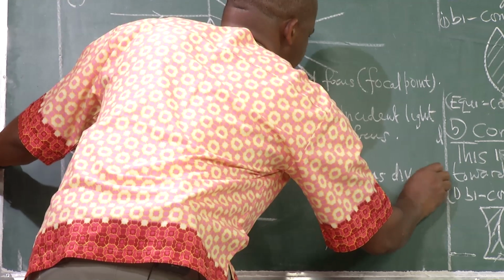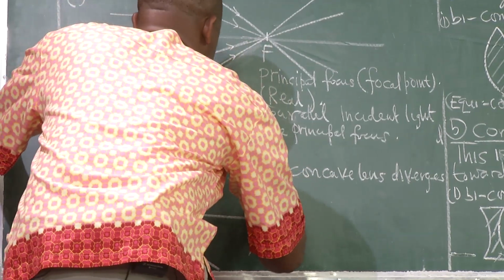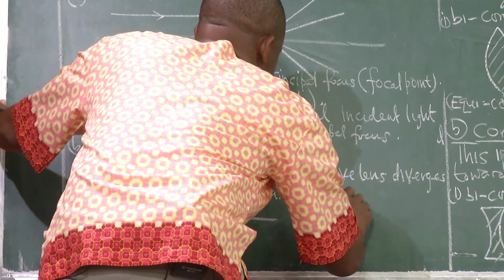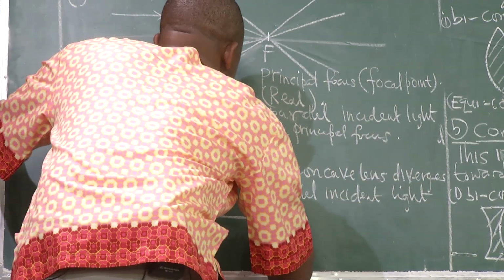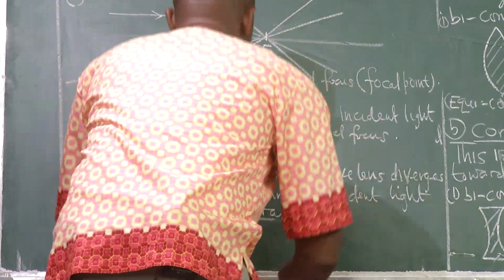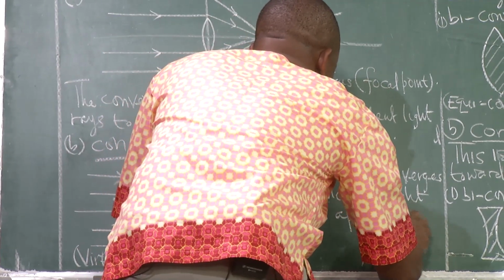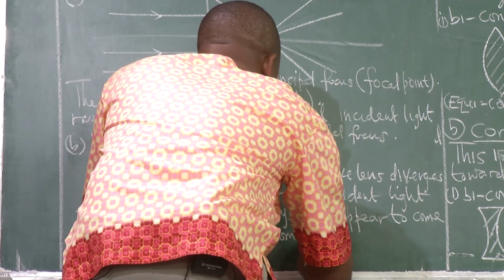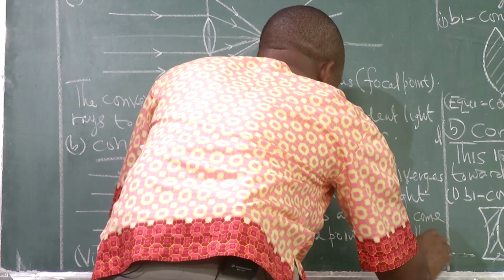diverges parallel incident light rays, and they appear to come from one point called the principal focus again.